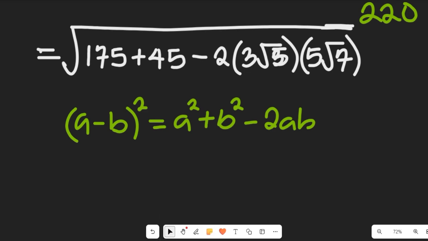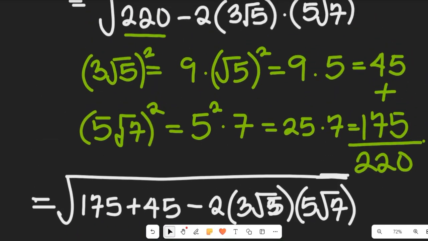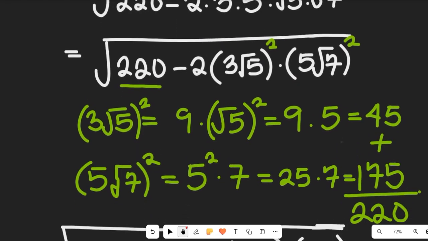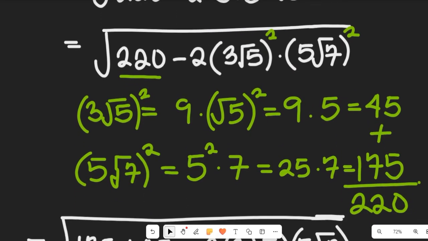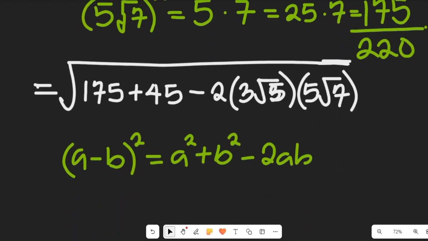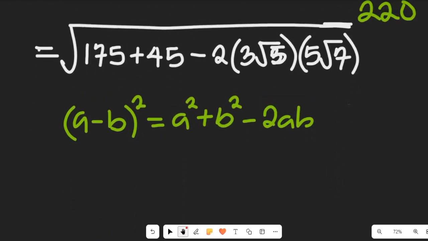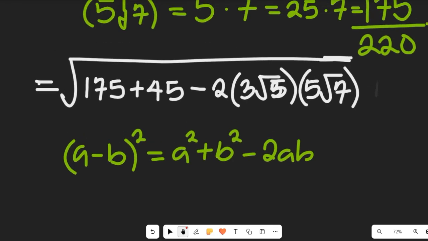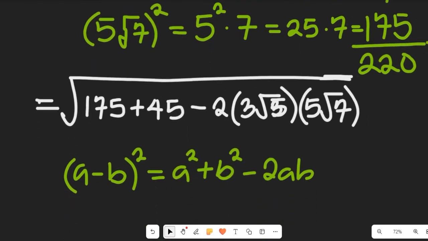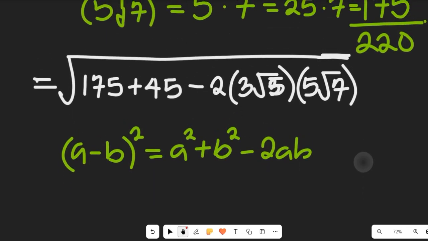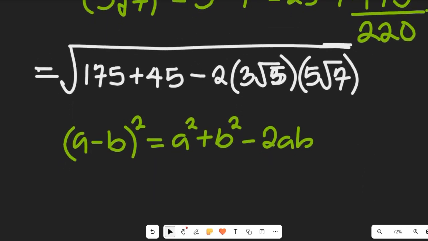So from that expression, let us isolate the value of our a. From that expression, you can see that the value of a is going to give us the value that gave us 175, right? And the value of our b will be the value that gave us 45. Now, which value gave us 175? That is 5 root 7.